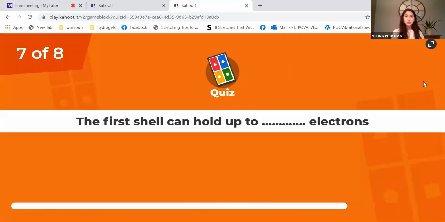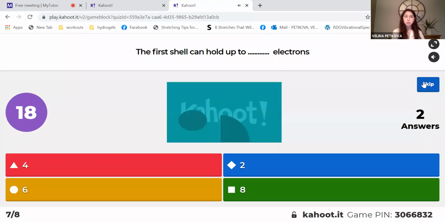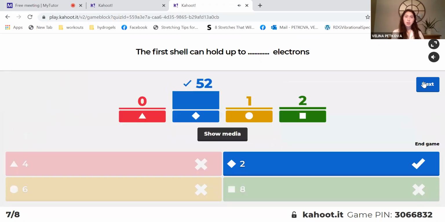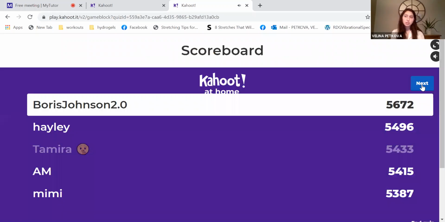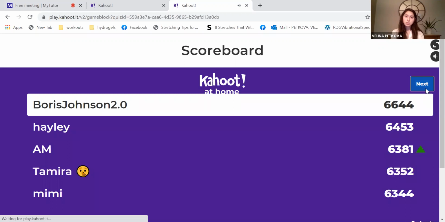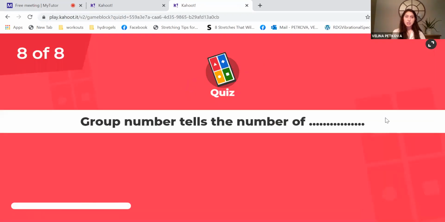So the first shell can hold up to how many electrons? Yeah, perfect. That's such a good turnout. Look, majority correct. Okay, last question.